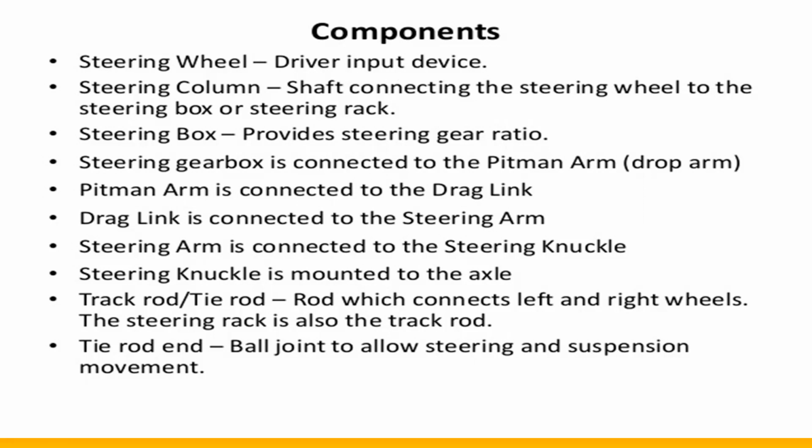The steering wheel is connected with the steering column, which has a shaft connecting the steering wheel to the steering box. On that steering, we connect a shaft and we place a gearbox.